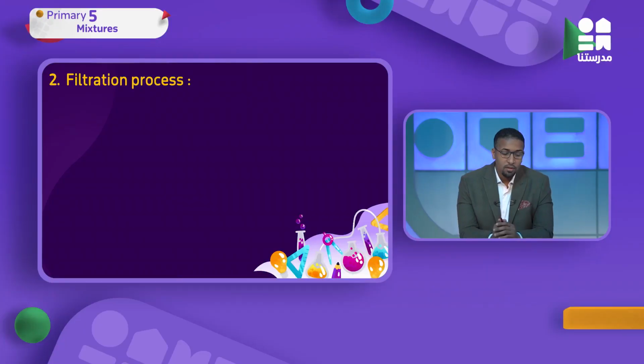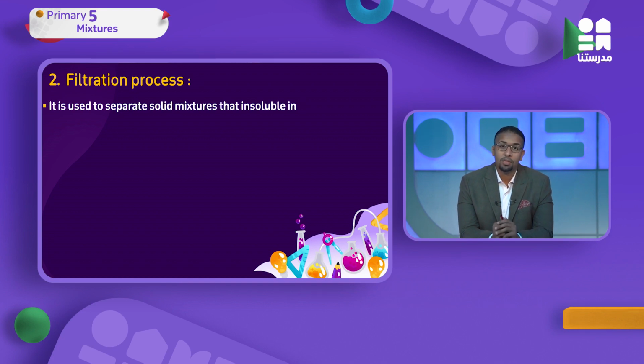So method number 2 to separate mixture, filtration process. Filtration is used to separate solid mixtures that are insoluble in water. Insoluble means does not dissolve in water, like sand. Any material could be soluble or insoluble.